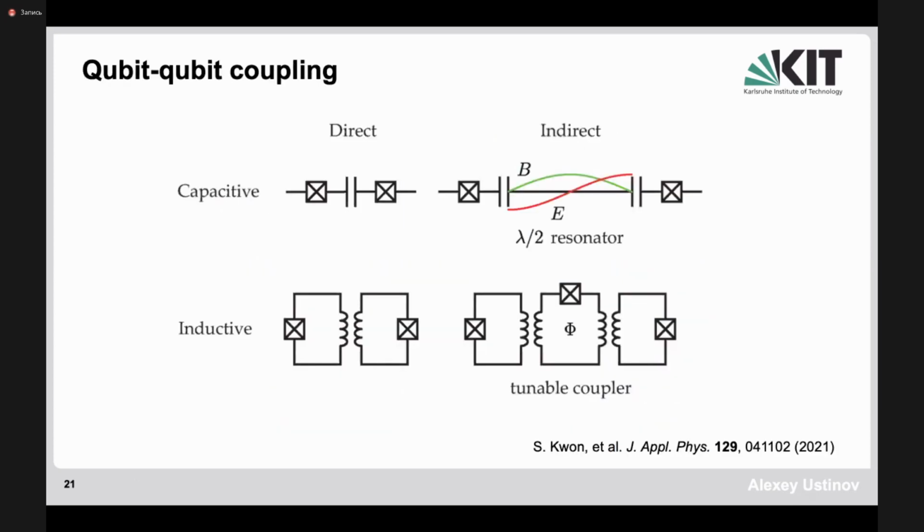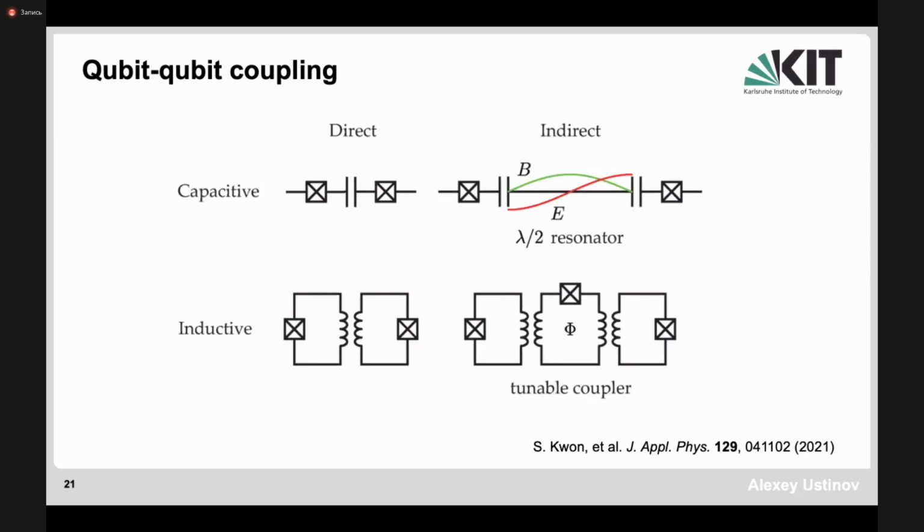Now, to make 2 qubit gates, we need to couple qubits. And this coupling can be achieved in different ways. For example, we can simply take 2 transmons and put a capacitor between them. This will be a direct capacitive coupling. We could also make two inductively shunted transmons or two fluxonium qubits and couple them inductively.